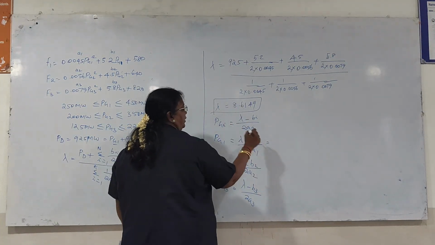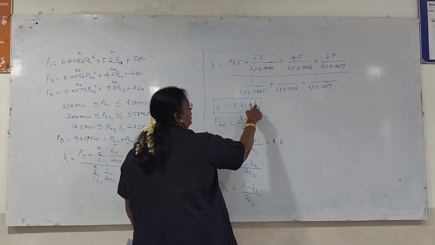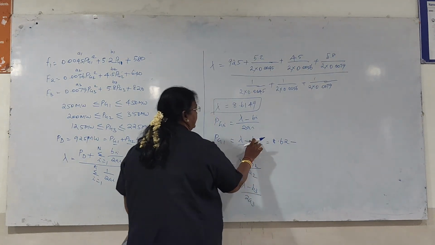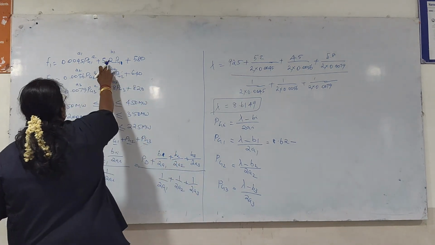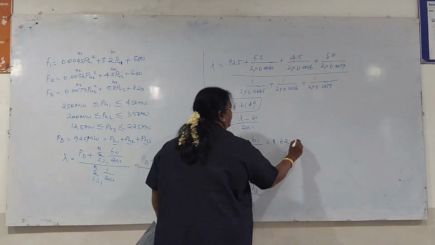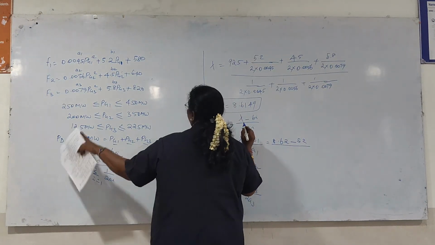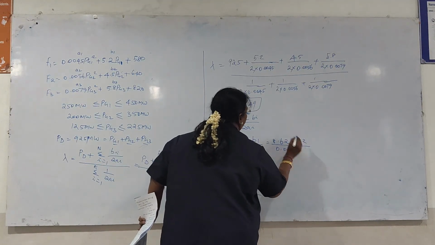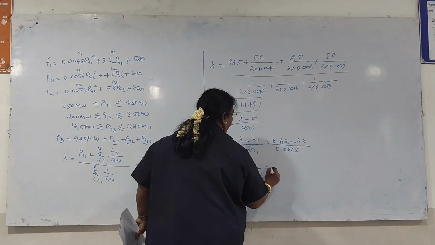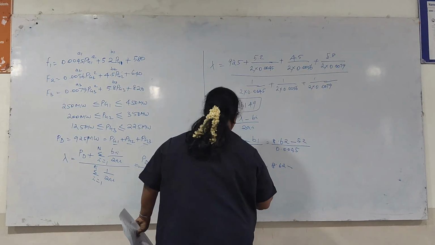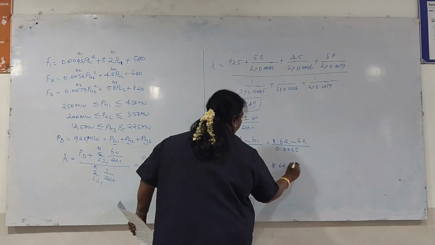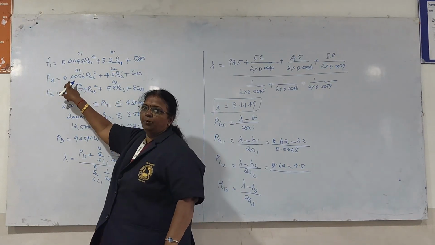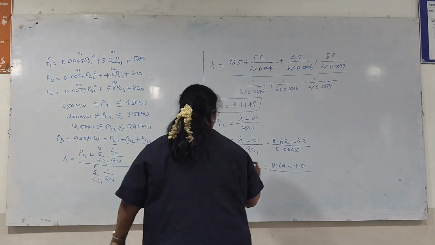So lambda you already got 8.649. If you approximate this, you get 8.62 minus B1. B1 is 5.2 divided by 2 into A1. A1 here is 0.0045. Then lambda 8.62 minus B2. B2 is 4.5 divided by 2 into A2. A2 here is 0.0056.